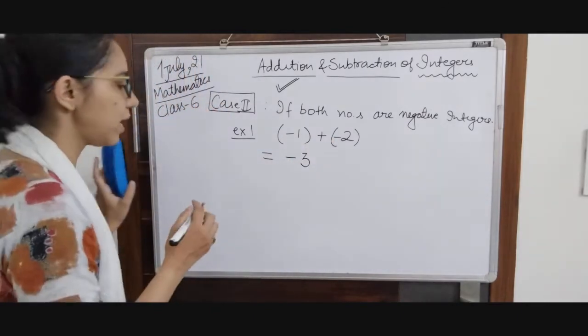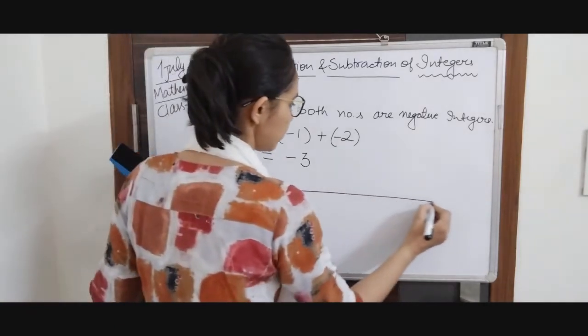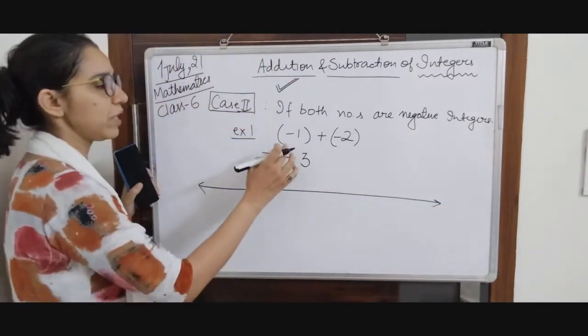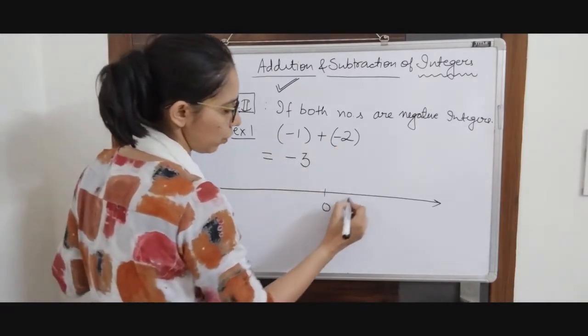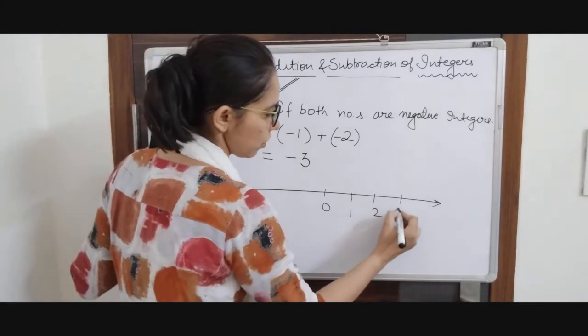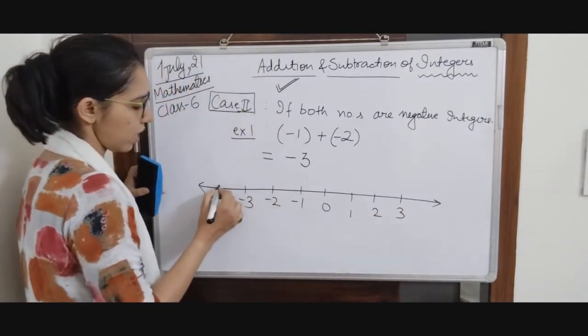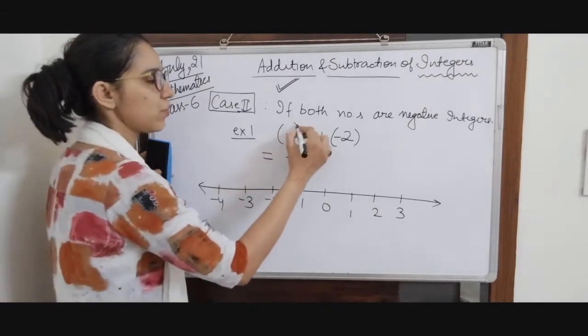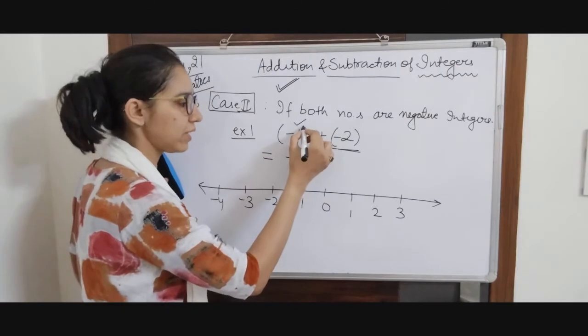You can verify it by number line also. What does it mean by minus 1 plus minus 2? Suppose it is 0, 1, 2, 3, minus 1, minus 2, minus 3 and minus 4. Minus 1 plus minus 2. It means that we will start with minus 1.